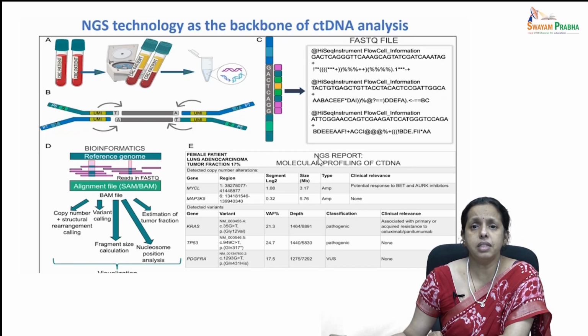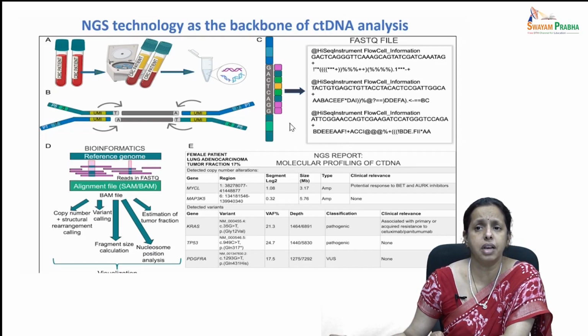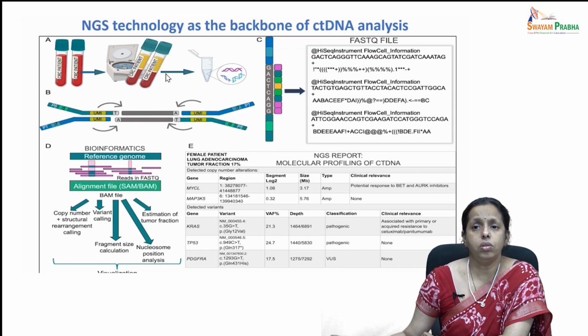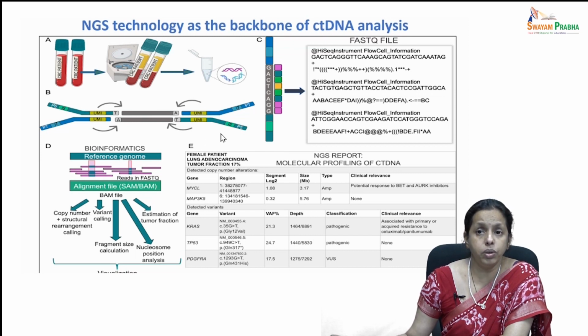Sample-specific indices, which are used to identify the patient samples, are typically in the dual format, and here they are shown as your I5 and I7. Then you have your unique molecular identifiers, that is your UMI.